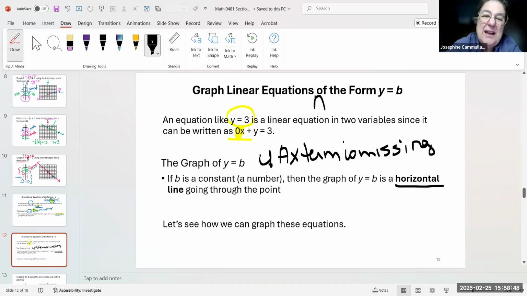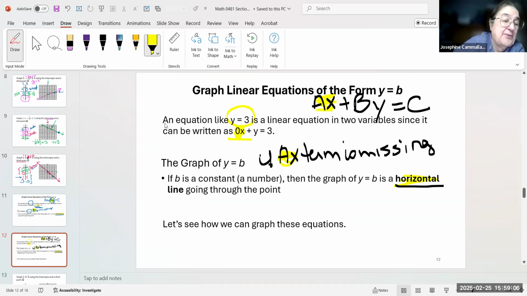If in the form ax plus by equals c, this ax term is missing, you have a horizontal line. And I'm going to show you right here.